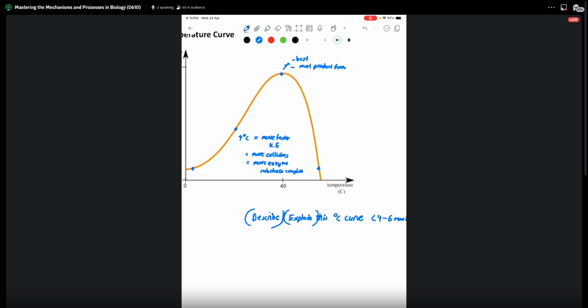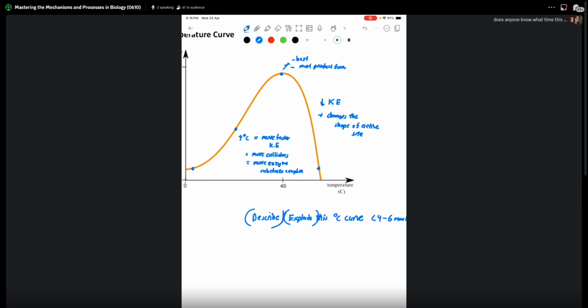what happens is that the kinetic energy will begin to decrease. And what happens when this kinetic energy decreases? It slowly changes the shape of the active site. This is important because the substrate is unable to bind exactly complementary anymore.